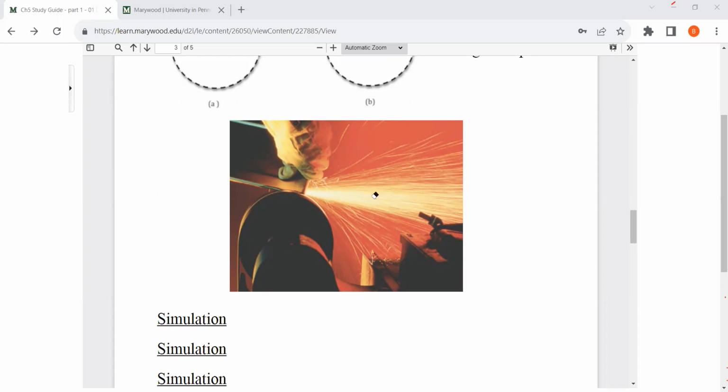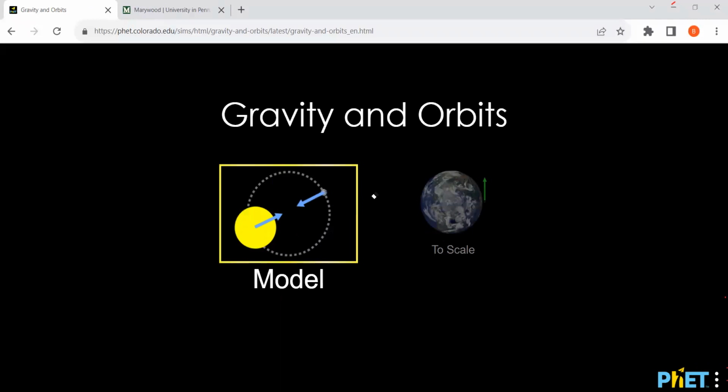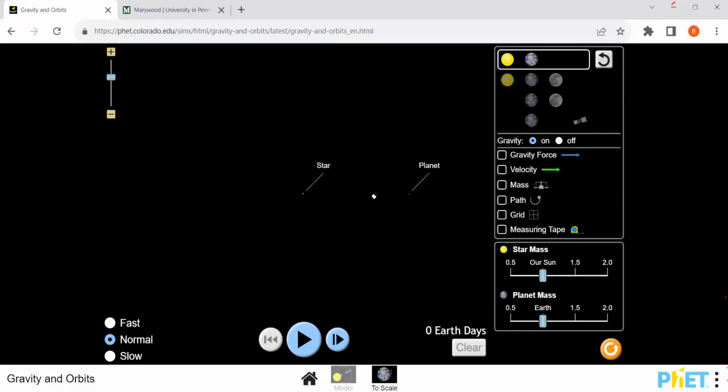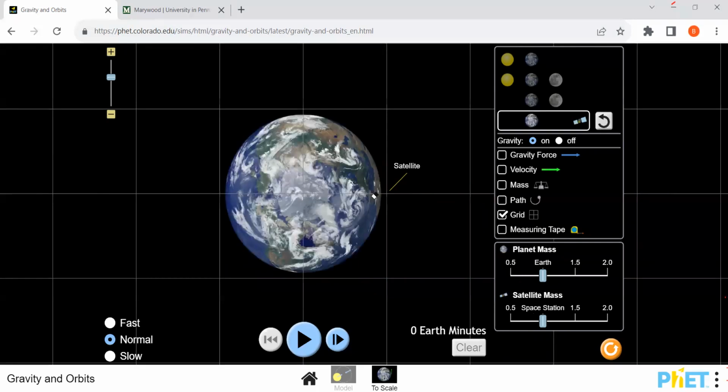Let me show at least one interesting simulation. I think I have two. Let me use this one, Earth and satellite. We will be learning this in detail in the next lecture, how a satellite orbits around our planet, but for the time being, let me start with that.